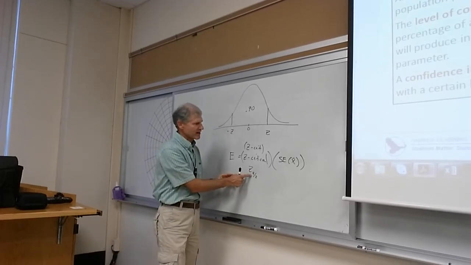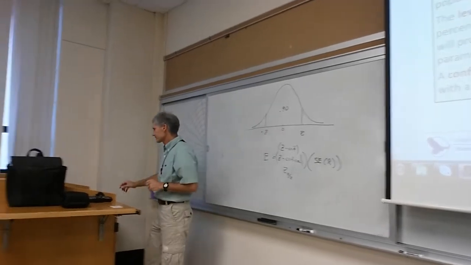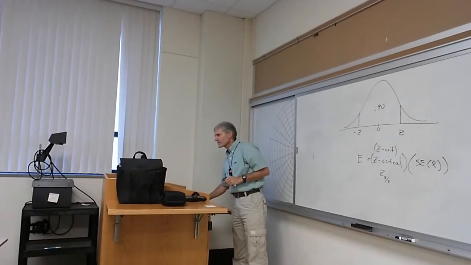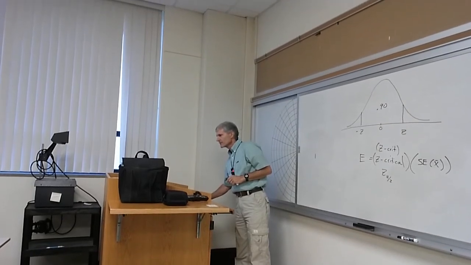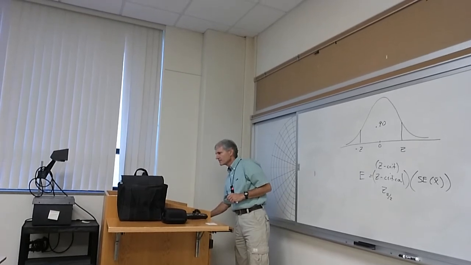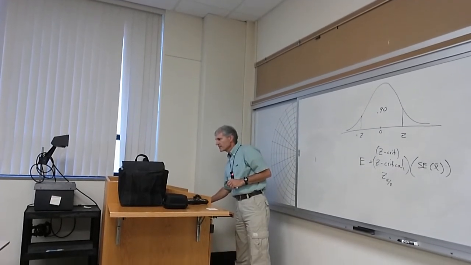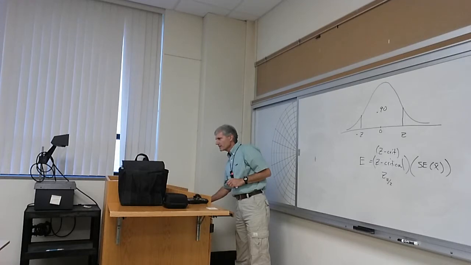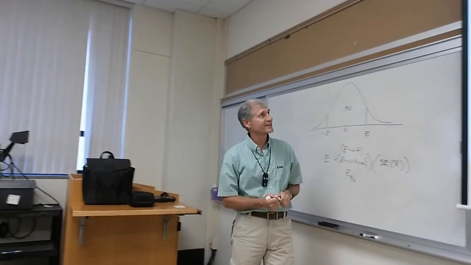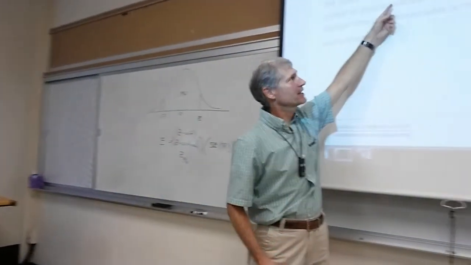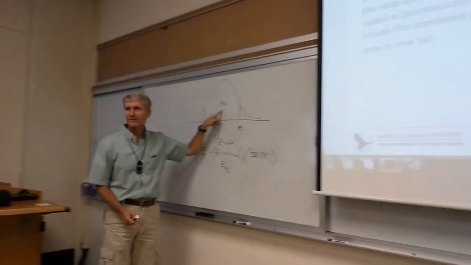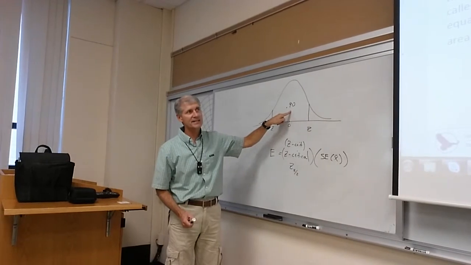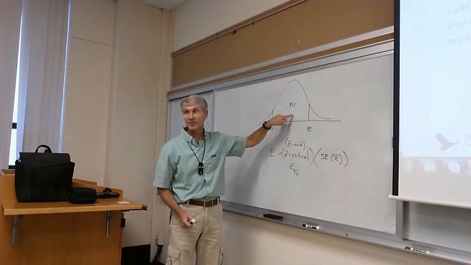right? So this alpha thing. There. I knew there was a slide in here like this. If the area in the middle of the curve is equal to C, the confidence level, then 1 minus C is the area that's not in the middle.